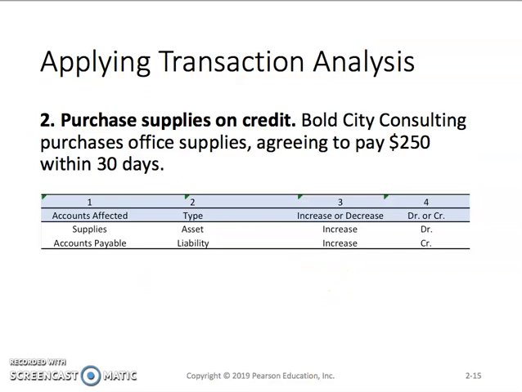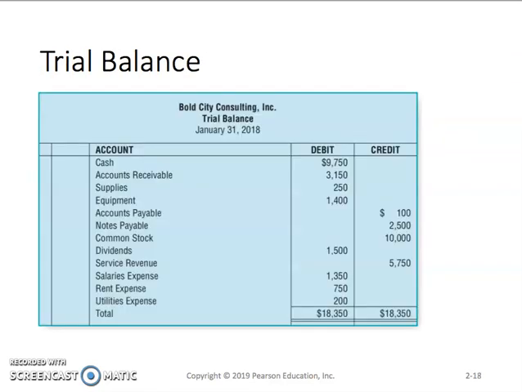So let's move on to the trial balance and just take a look at exactly what's happening. So you've got your T accounts, right? The T accounts will balance out. You'll balance them, and it'll have a number. For a cash account, it's got a normal debit balance, right? So after all of the transactions are input for the accounting period, you end up with a cash balance of $9,750, and that'll show up on here.